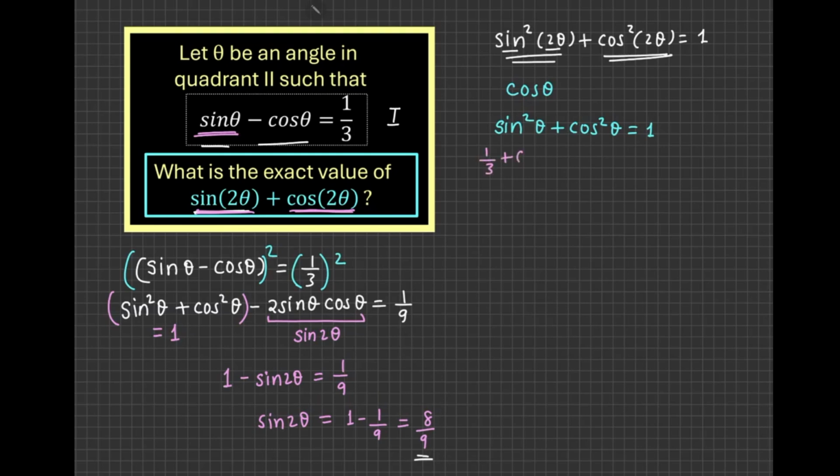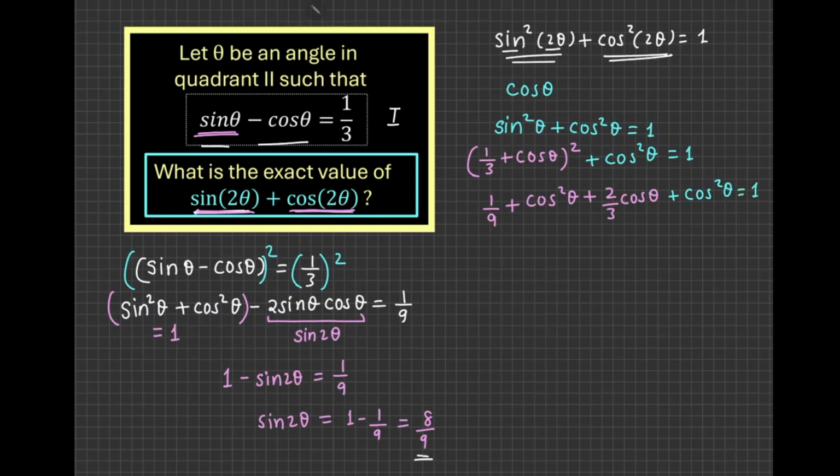So let's write that here: 1/3 plus cosine theta, square it, plus cosine squared theta equals 1. All right. Square the term in the parentheses, and what do we get? 1/9 plus cosine squared theta plus 2/3 cosine theta plus cosine squared theta equals 1.